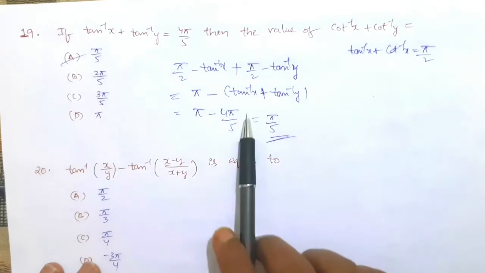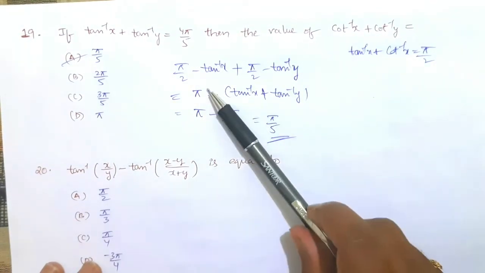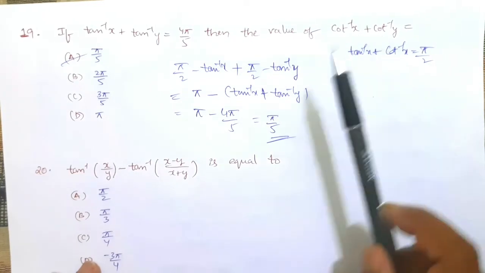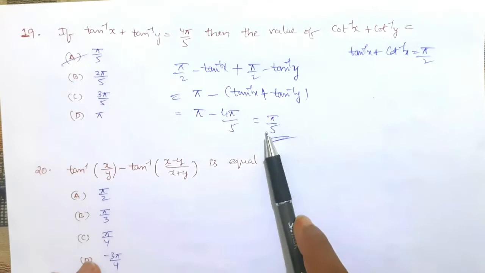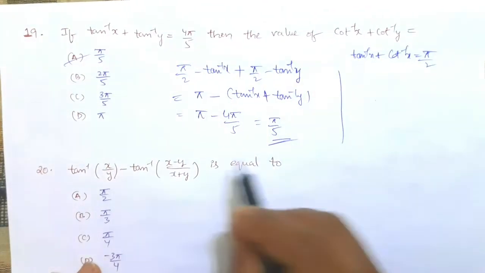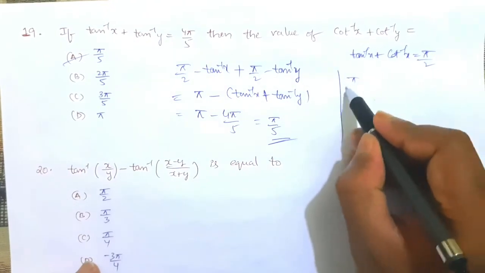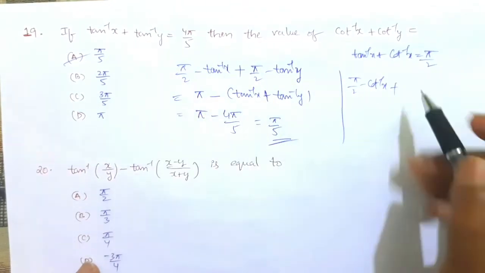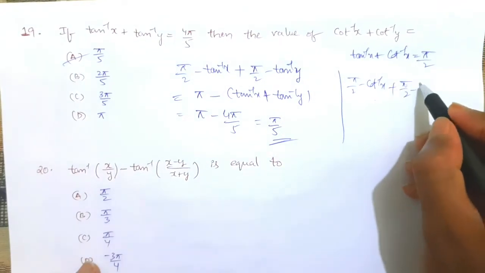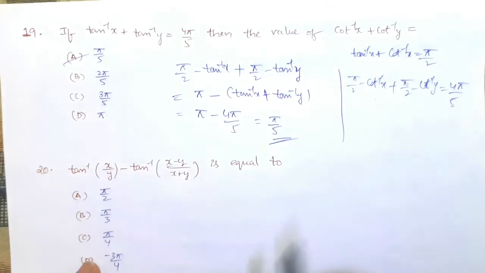See, for this question I have considered the given cot inverse x as pi by 2 minus tan inverse x, cot inverse y as pi by 2 minus tan inverse y. By using this also we can simplify. Otherwise, tan inverse x, we can convert in terms of cot inverse: pi by 2 minus cot inverse x plus, again tan inverse y means pi by 2 minus cot inverse y, which is equal to 4 pi by 5.